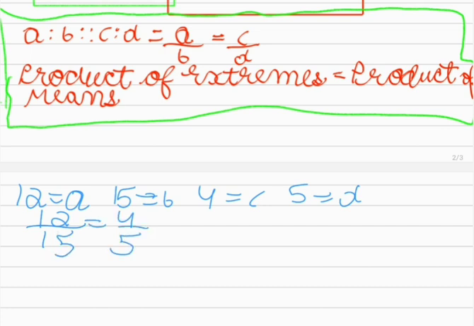If we compare 12 by 15, we can simplify it by 3 and 3.